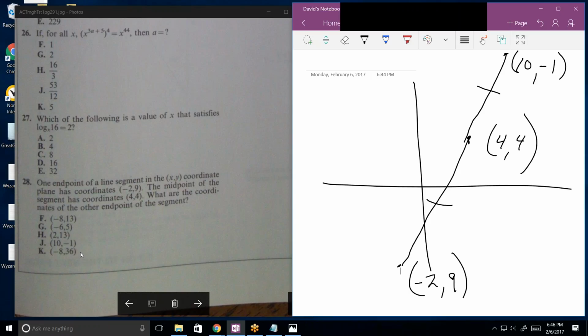But not so here. In other words, if I was back-solving it, I would have started with F and K, figuring that -8 was probably the correct x-coordinate. But it isn't, and once you figured out what it was, then you're done. 10 tells you the answer without doing the math for the y. But you wouldn't have known that unless you looked at the answers.